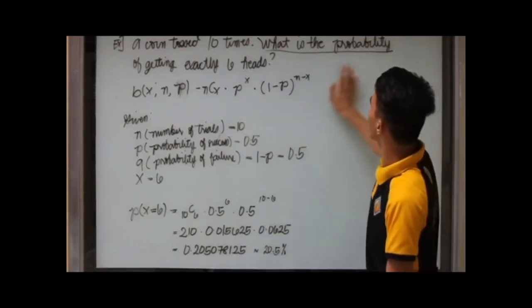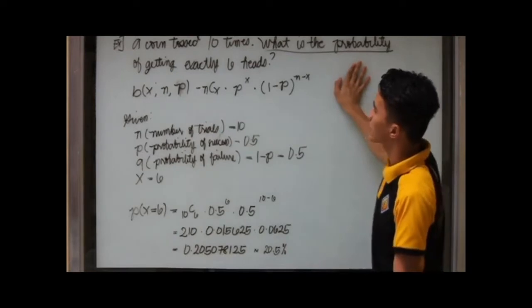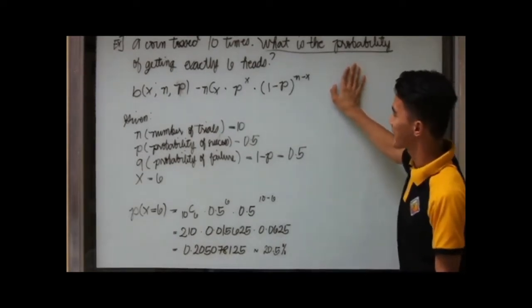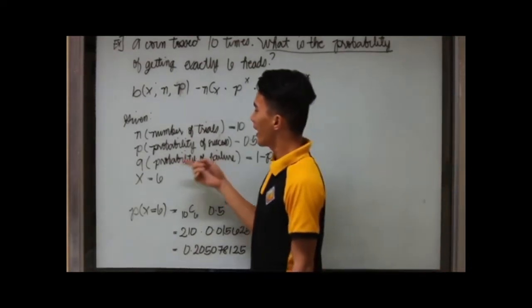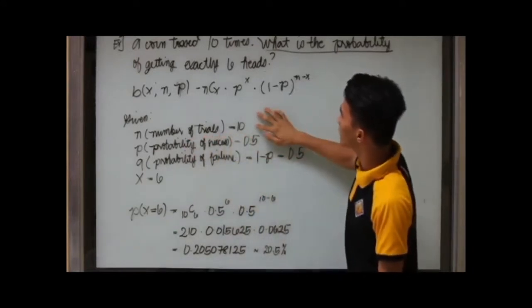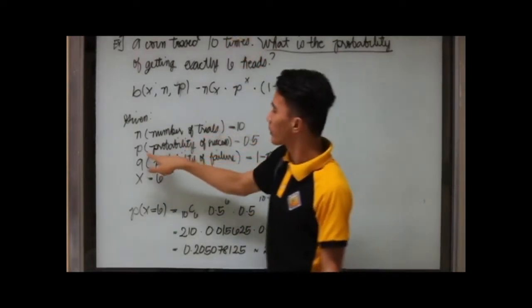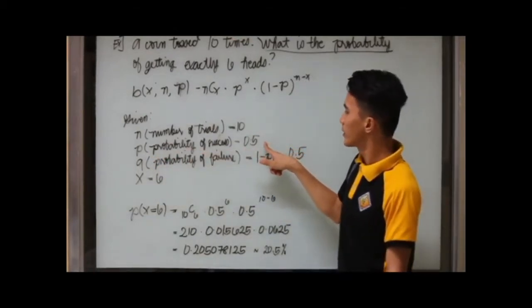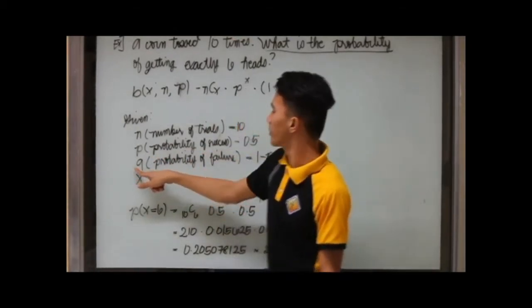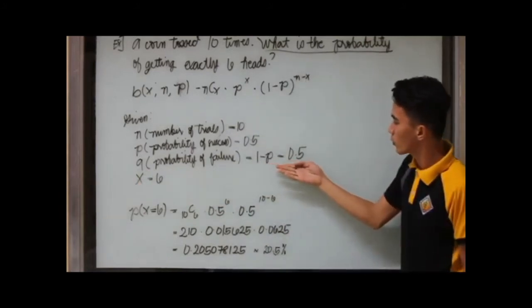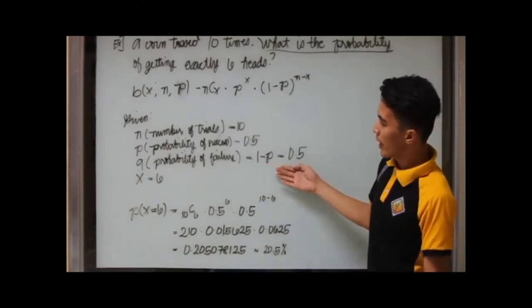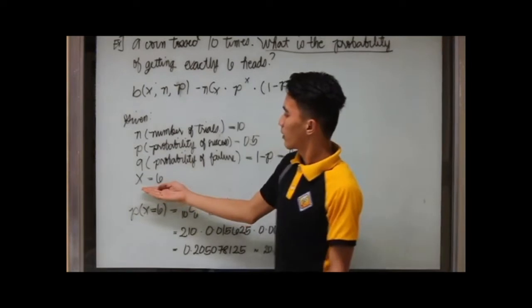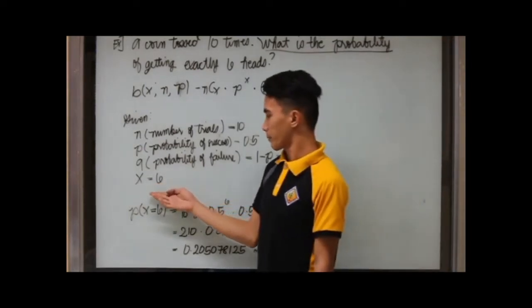Given n, the number of trials, is equal to 10. p, the probability of success, is equal to 0.5. q, the probability of failure, is equal to 0.5 also. And x is equal to 6.